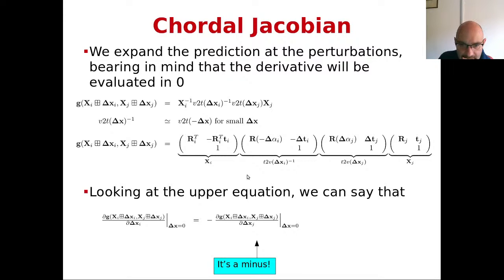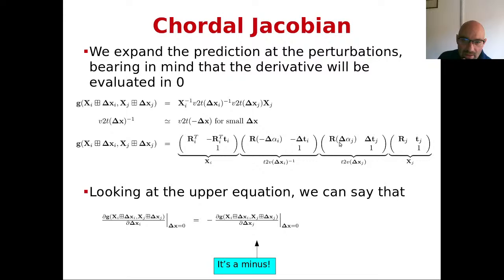what happens when we derive this equation here with respect to delta alpha and delta t, evaluating them in 0?